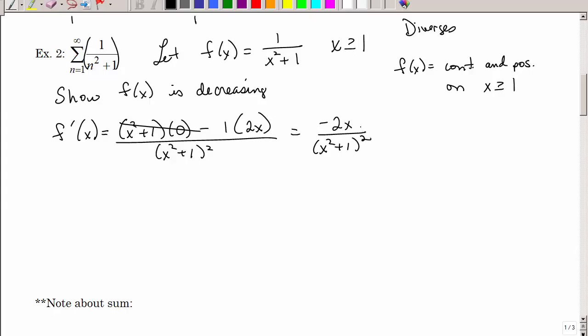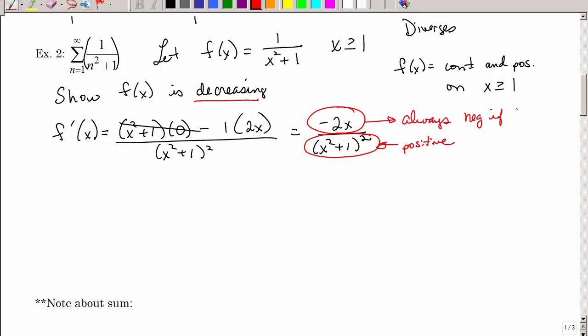So I need to show that that's decreasing. Decreasing means that the derivative would be negative everywhere. Okay, so we know that this is always positive. Well, what about that? Is that always negative? Well, yes, because it's always negative if x is greater than or equal to 1.